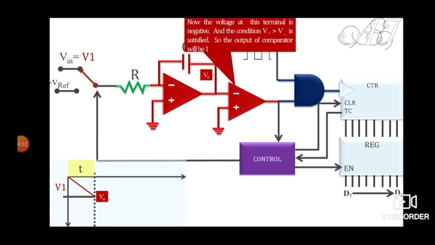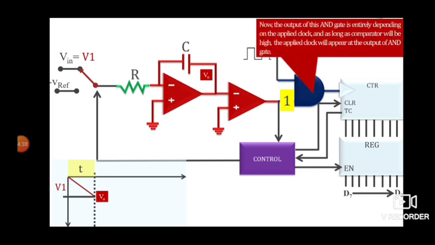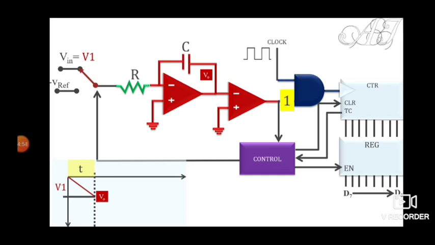So the output of the comparator will be 1, and if this is 1, what will happen? One input of this NAND gate is connected with 1, so the output of this NAND gate will entirely depend on the other input, and if the other input is clock, that clock will ultimately appear at the output of the gate. In conclusion, your counter has got a clock.